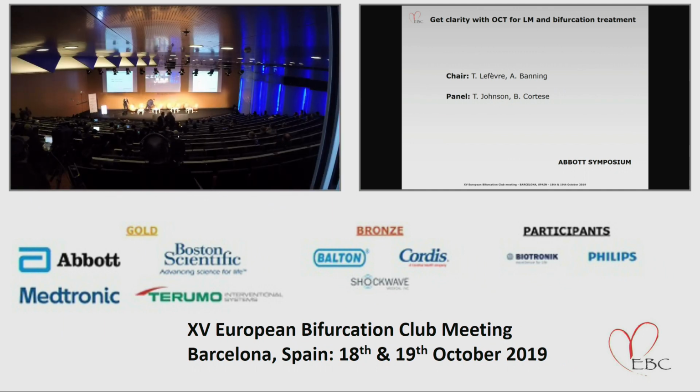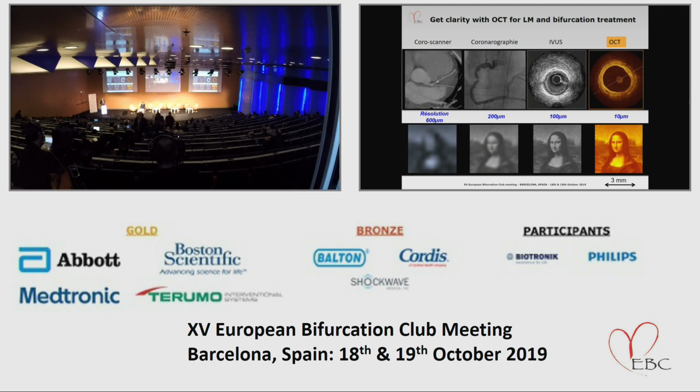Can we have the first slide, introduction slide? Yes, thank you. So, get clarity with OCT for left main and bifurcation treatment. I think it's very important. And when you look at this evolution of images, you can understand that with OCT we can see details better.